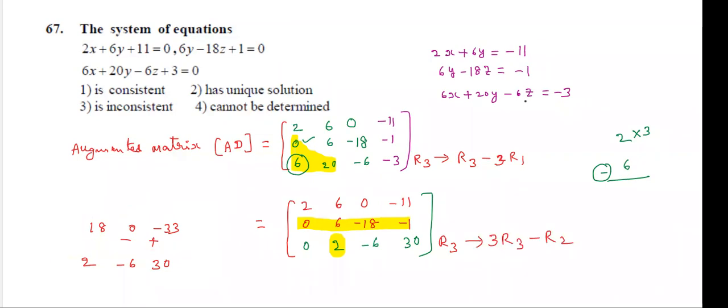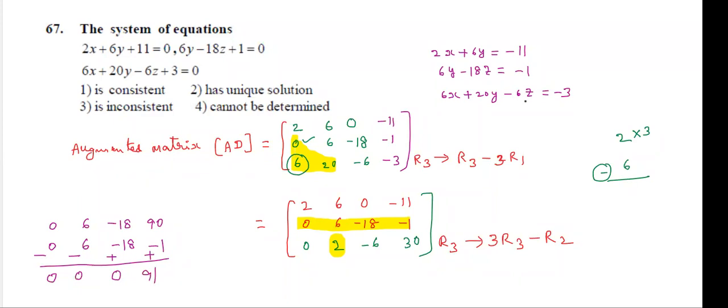Here see, I am going to do the calculation. First we write the R3 row multiplied with 3. 3 into 0 is 0, 3 twos are 6, 3 sixes are 18, 3 thirty-threes are 91. Next R2: 0, 6, minus 18, minus 1. Now we can subtract both, minus minus into minus is plus. This is also plus. 0, 0, here also 0.